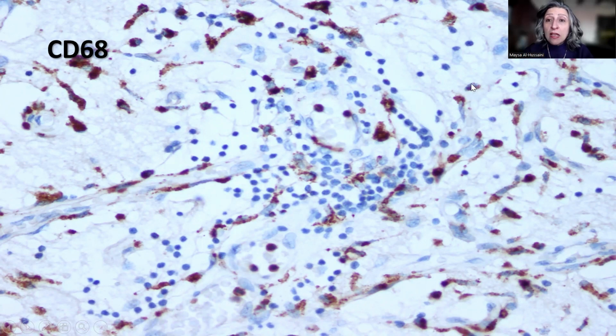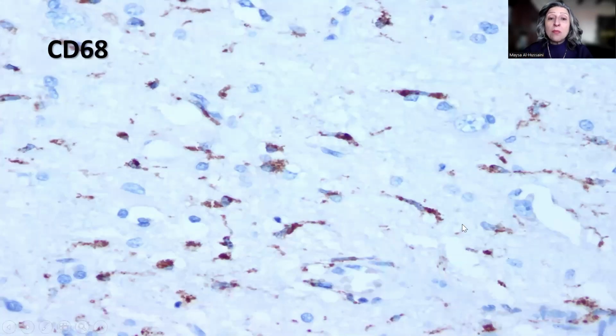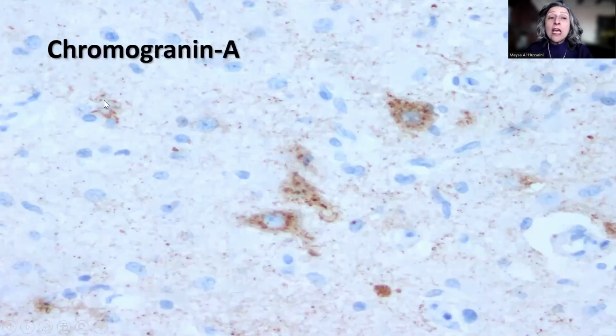This is one nice example. All of these are activated microglial cells that are present around the blood vessel, but also within the substance in the areas that I just shared with you. And as you can see here, this is the cytoplasm of the rod cells, and the rod cells are really activated. We do not usually see this amount of rod cells when we apply CD68 to a normal brain.